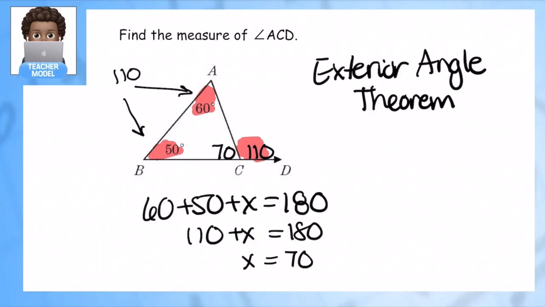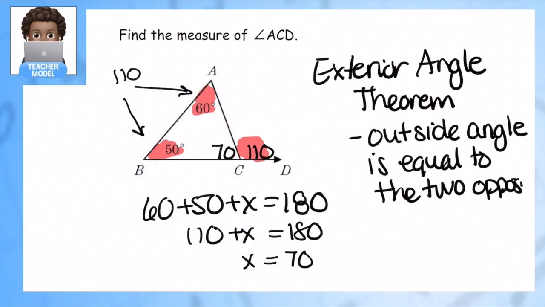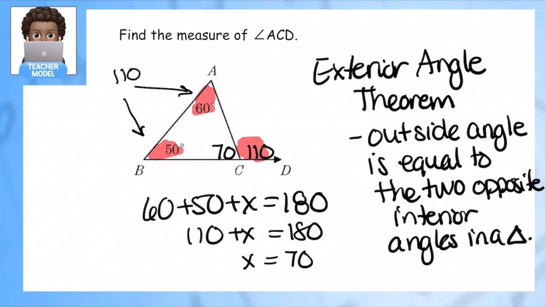And it basically says, again, the outside angle is equal to the two opposite interior angles in a triangle.